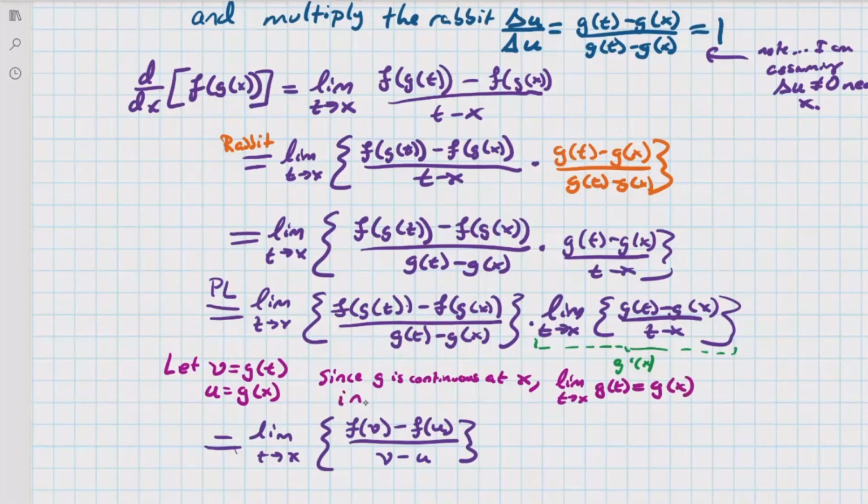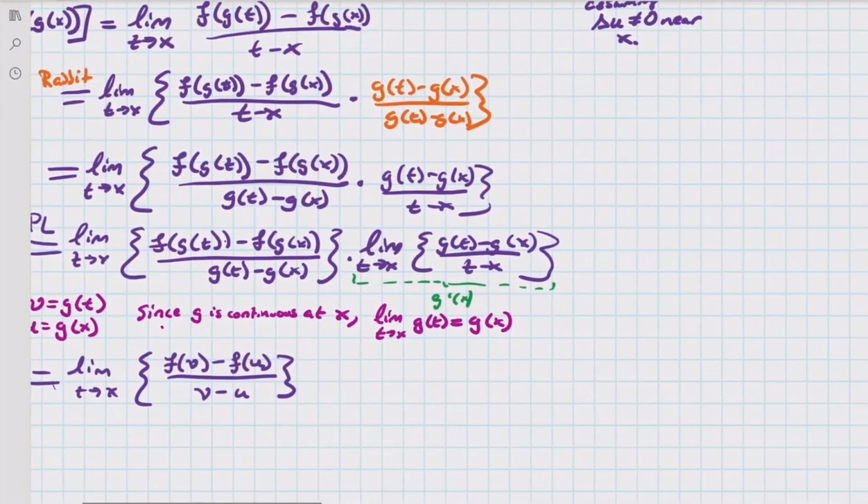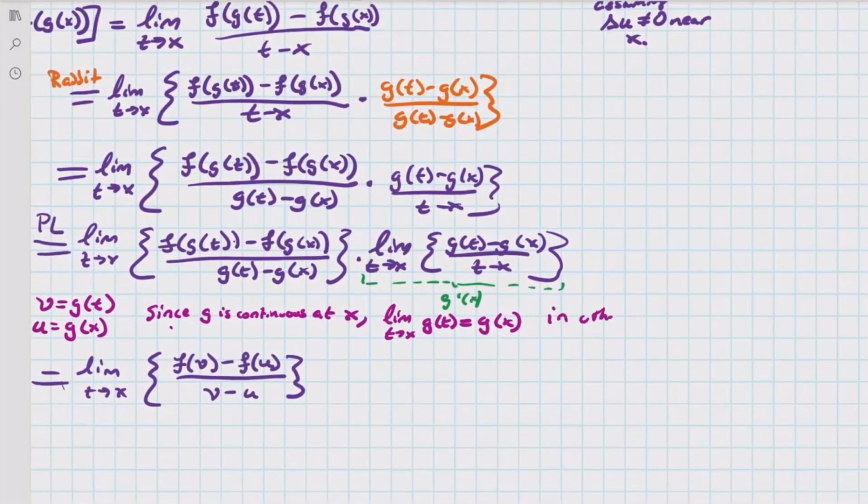In other words, g of t goes to g of x as t goes to x.